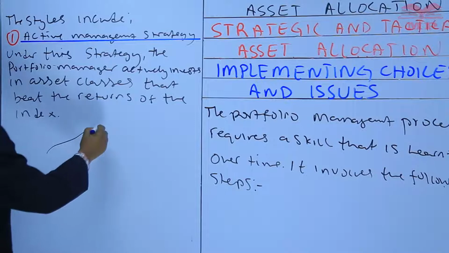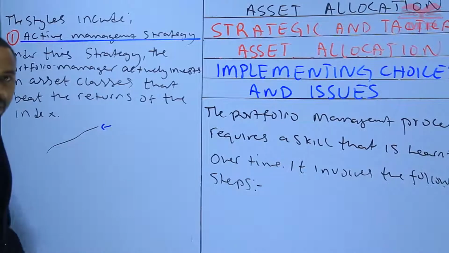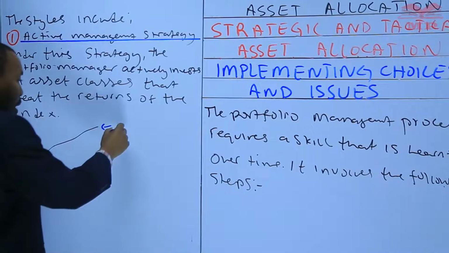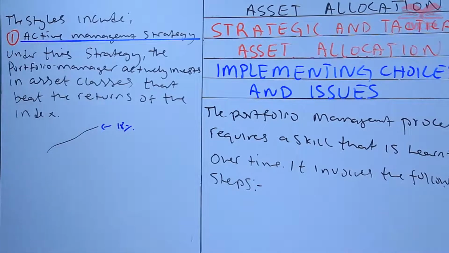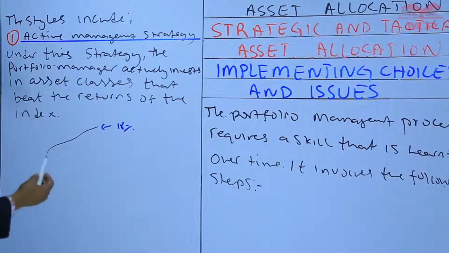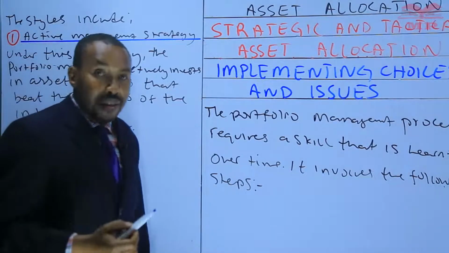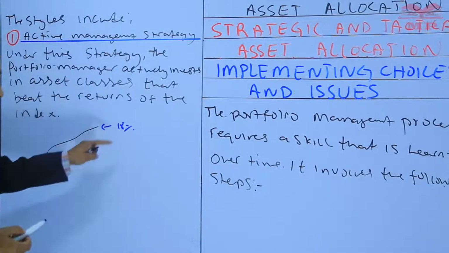Supposing NSE 20, say for example in the year 2021, generates a return of maybe 18%. If that is the return that was earned, you should employ investment tactics or strategies that try to beat this.